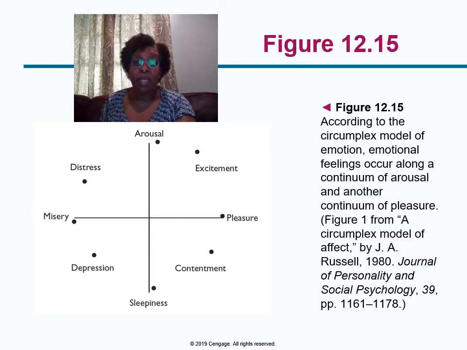Now, here in this particular figure, we're looking at a circumplex model of emotion. And instead of basic emotions, we might regard emotions as a series of dimensions. According to the circumplex model, emotions range on a continuum, from pleasure to misery, as well as along other continuums such as arousal to sleepiness.